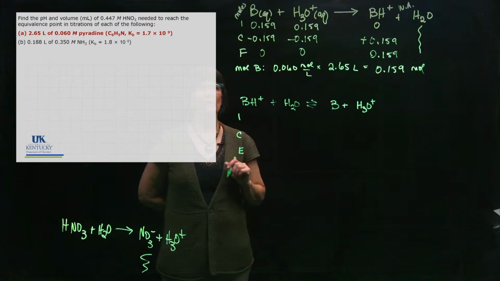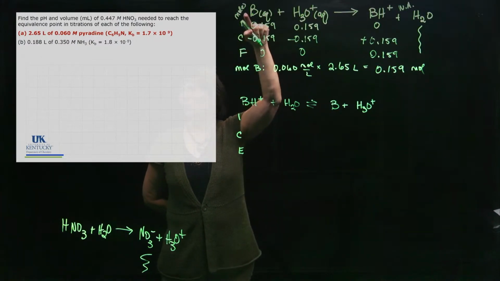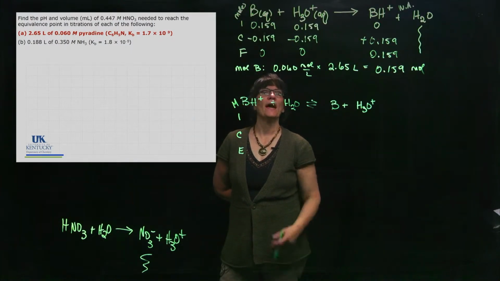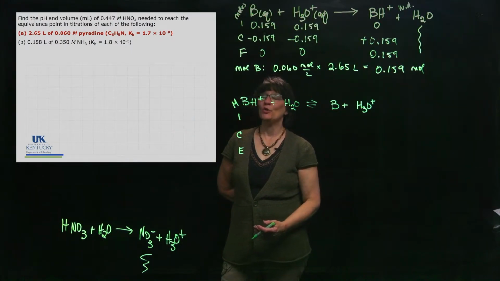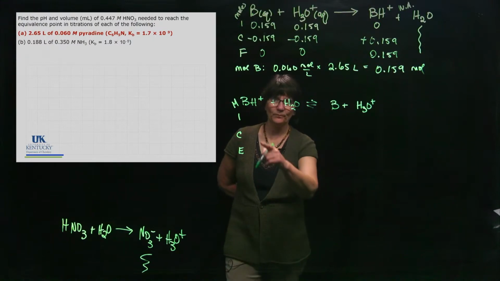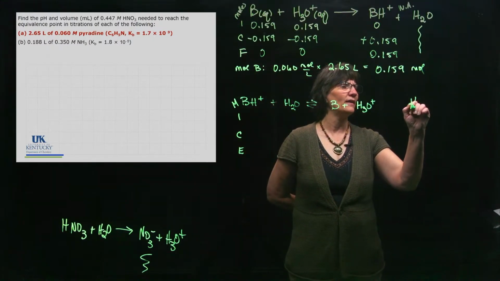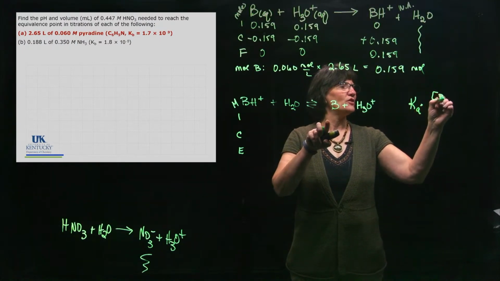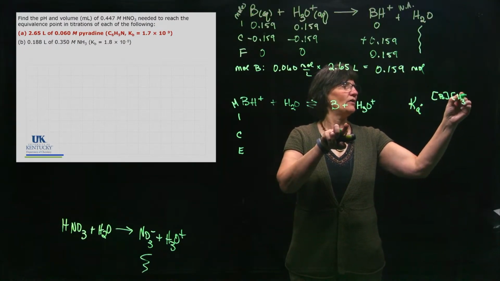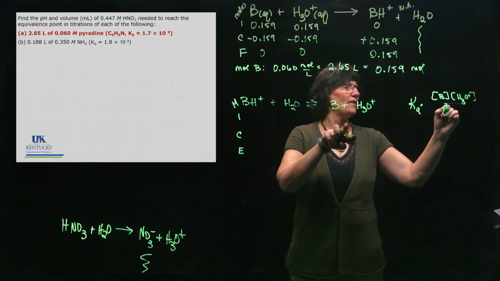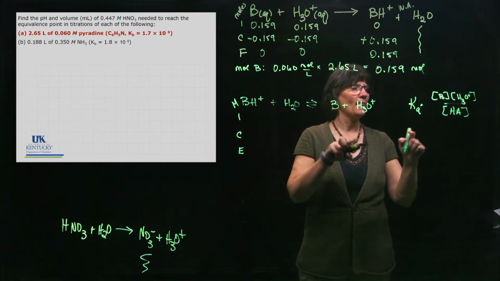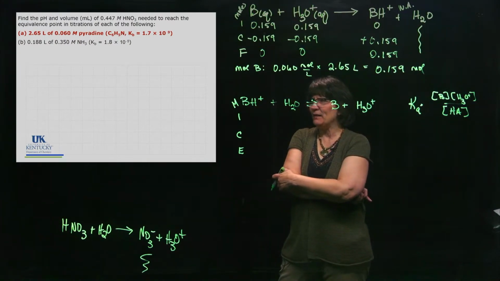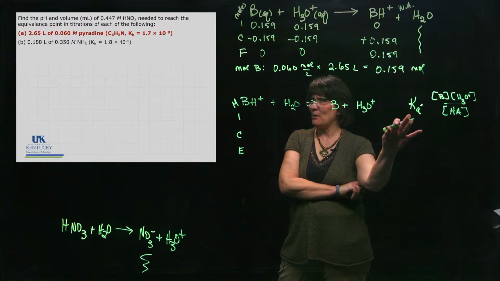But what do we plug into an ICE table? We don't plug in moles, we plug in molarity because we have an equilibrium and our equilibrium constant expression uses that molarity. So as an equilibrium, I'll go ahead and write that the Ka is equal to the B concentration times the H3O+ concentration divided by the HA concentration. I'll need a Ka, and I look at this problem and I see, well, they didn't give me a Ka, they gave me a Kb.